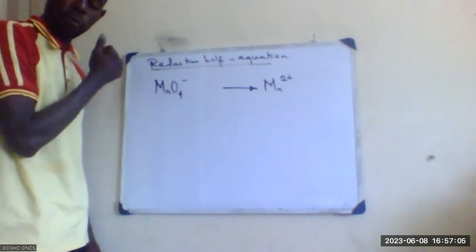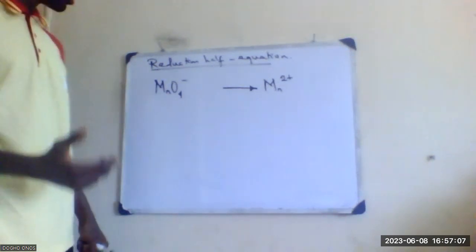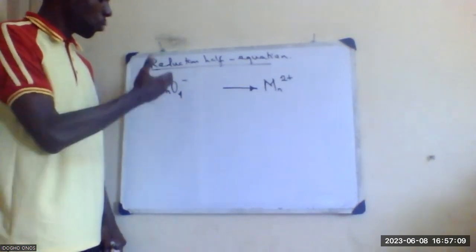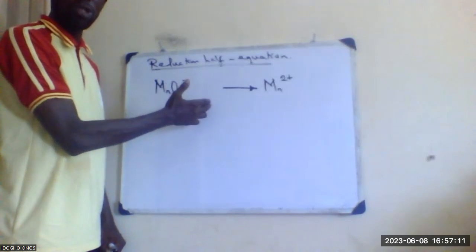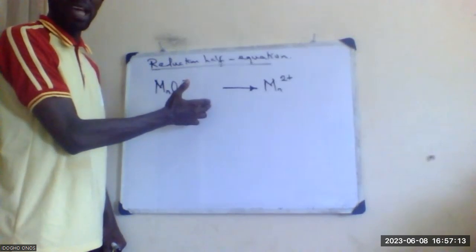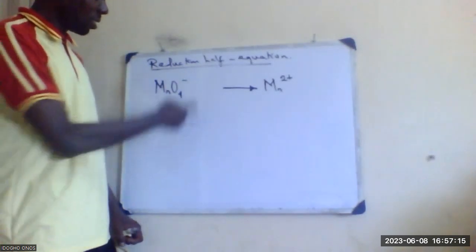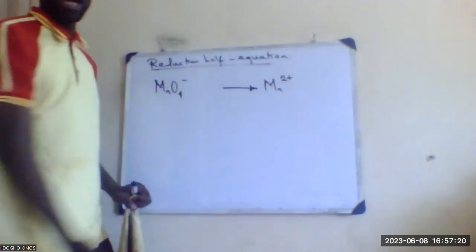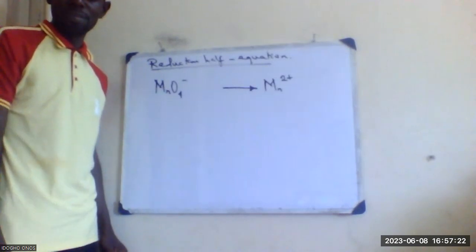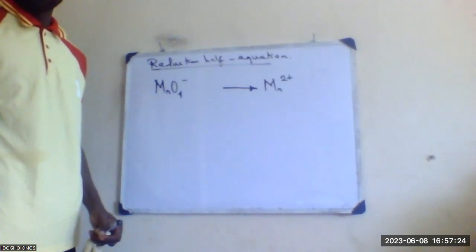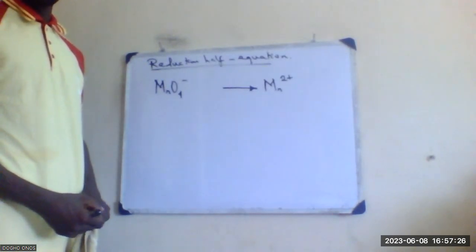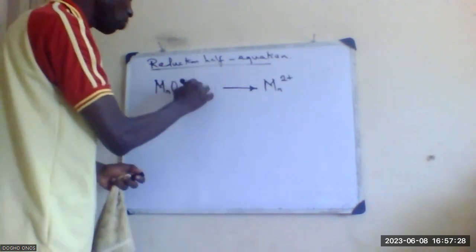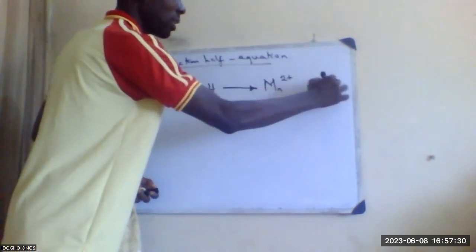Good. 4 atoms of oxygen. Now, this is how to do it. We add hydrogen to the side that has oxygen and add water to the side without oxygen. That is how we balance it. So we add here hydrogen and we add here water, H2O.